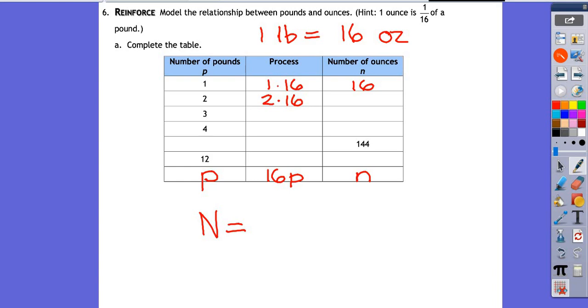N equals 16P. Could I say 16P equals N? Yes, I can say it either way. So I think that gives you the equation, which is the answer to part C. Part B, they want you to graph the ordered pairs. D, E, and F are asking questions about your graph.